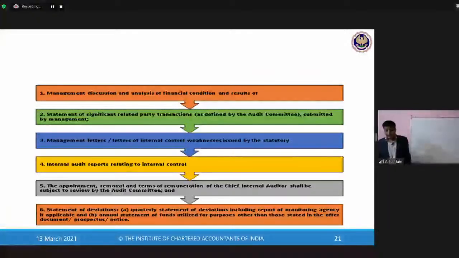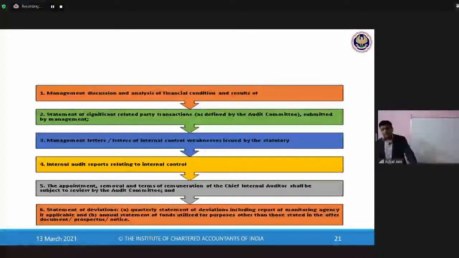Next, statement of significant related party transactions. Now, related party transactions is something which is pre-approved by them, but any of the related party transactions which would have taken place or the balances, those are also required to be reviewed by this committee. Management letters, letters of internal control weaknesses which may be issued by the statutory auditor.